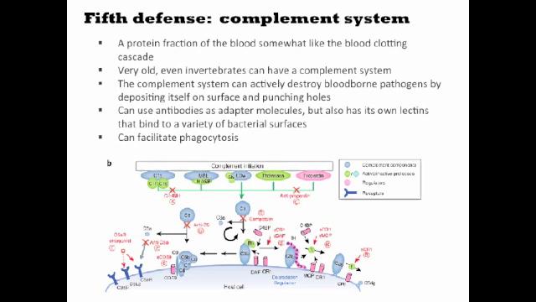So there's some fancy biochemistry going on here, but this thing is ancient. Horseshoe crabs, which have been around for hundreds of millions of years, have complement in them even. So this is not a human-specific thing. Not all animals have the macrophages and such, but every animal has a complement system.